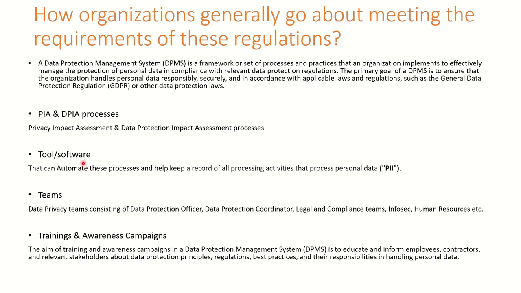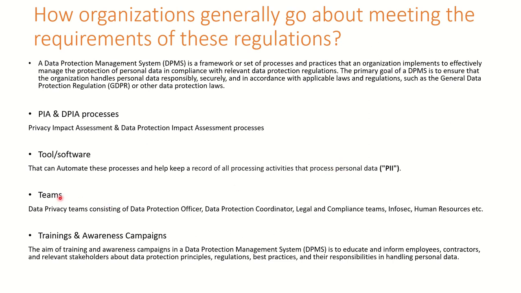It will have certain tools and software that can automate these processes and keep a record of all processing activities that involve processing of personal data. By processing activities, I mean projects that will be processing personal data of employees, customers, or users, etc.